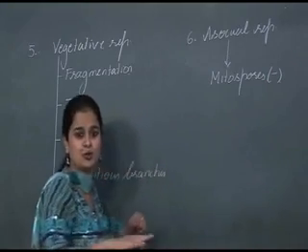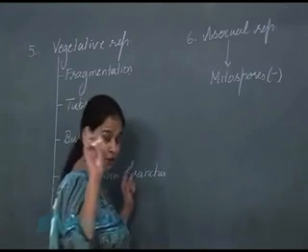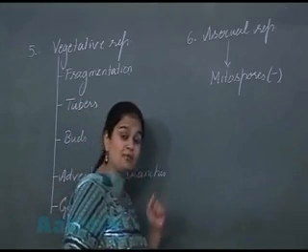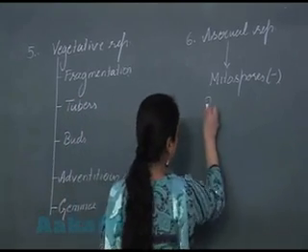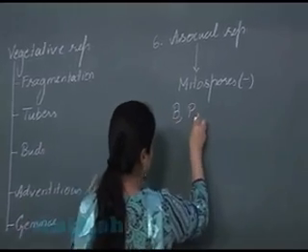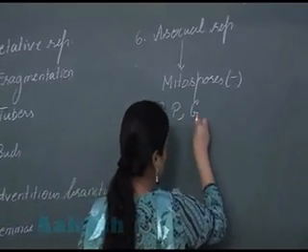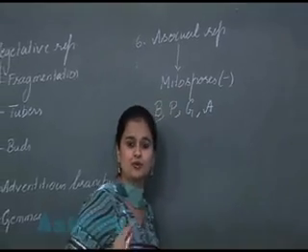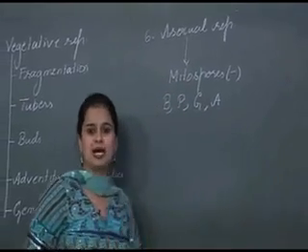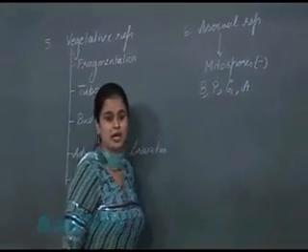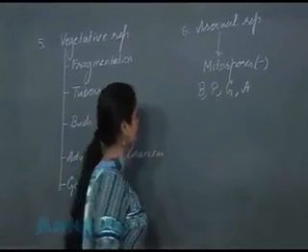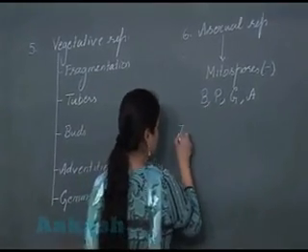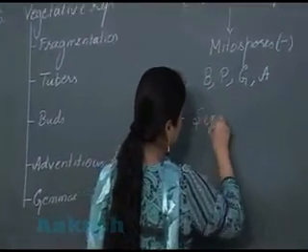So in which groups will mitospores not be formed? Bryophytes, pteridophytes, gymnosperms and angiosperms. The spore formation through mitosis in the asexual reproduction is totally absent.